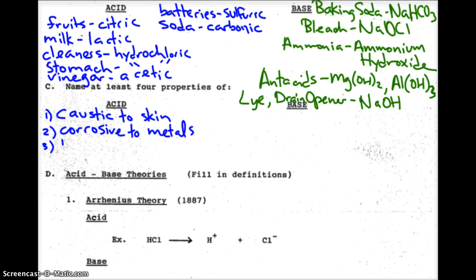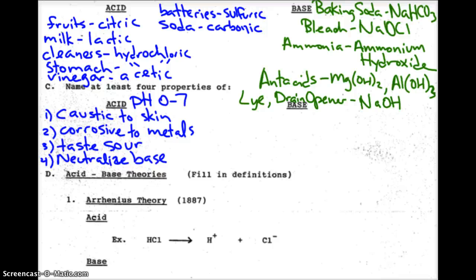A lot of them taste sour. Think about a lemon or a lime. They neutralize bases, and they have a pH of less than 7, a low pH. So pH is typically in the 0 to 7 range.